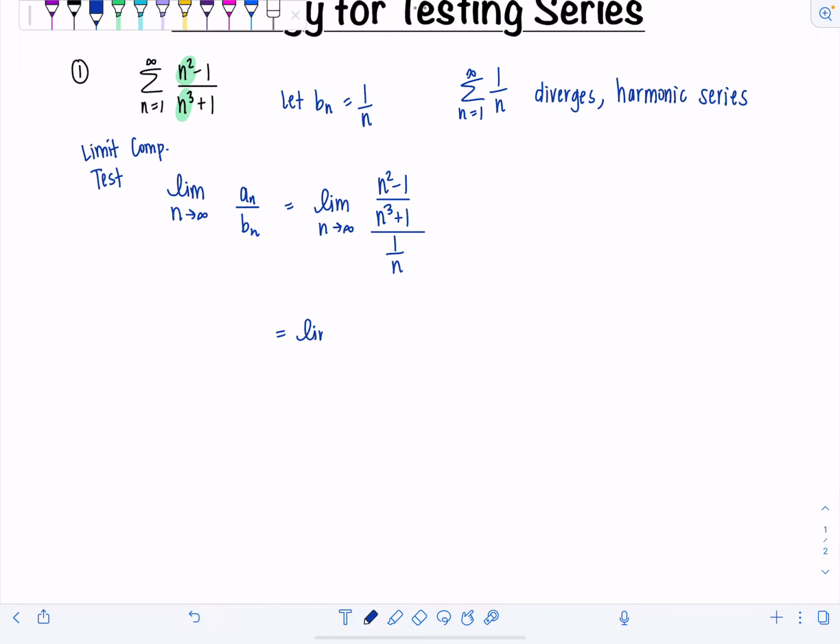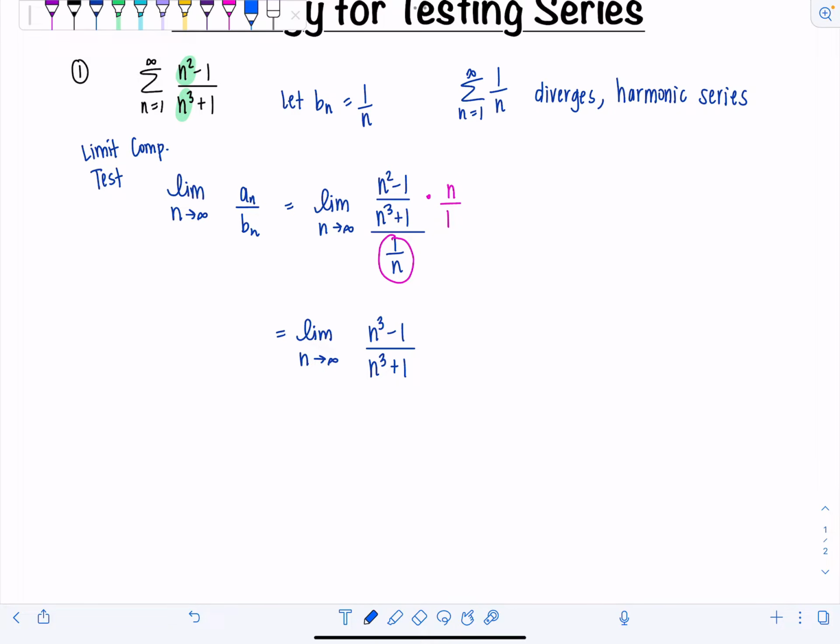If I divide by 1 over n here, that's equivalent to multiplying by n over 1. And so now we have (n cubed minus 1) over (n cubed plus 1). No L'Hopital's rule, because these terms here are not differentiable, right?